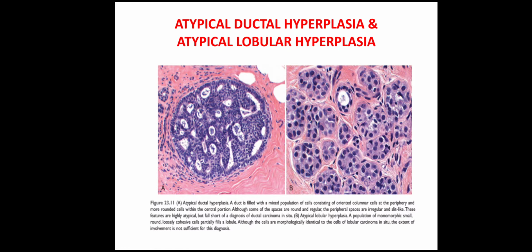Now again, this is the picture which I'll try to explain. This whole thing is a duct which will be lined by epithelial cells and myoepithelial cells, and there is a proliferation of these cells inside the duct. These are showing spaces. Now these spaces are more regular as compared to the spaces seen in usual ductal hyperplasia, and the cells at the periphery are columnar.